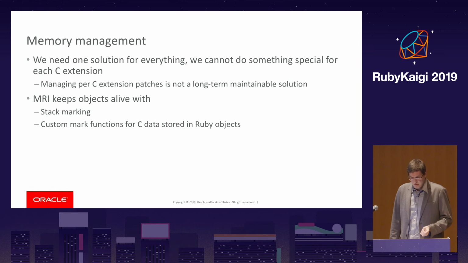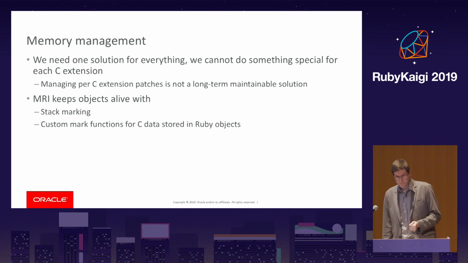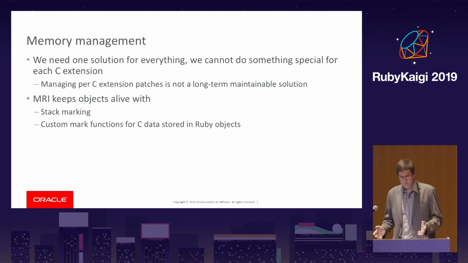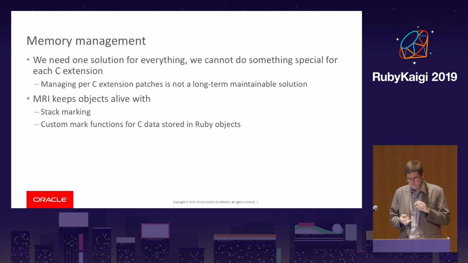Another problem was the memory management. So we stood back and had a closer look at how MRI actually manages memory. MRI keeps objects alive in two ways. First, by stack marking, so any value which is on the stack in Ruby will not be garbage collected.